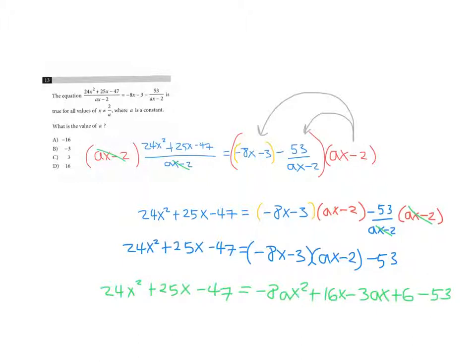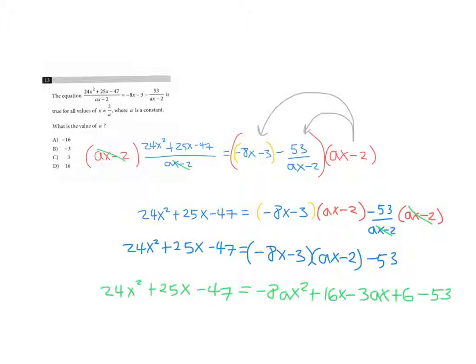And bottom line is, this 6 minus 53 is going to correspond with a negative 47. All right, so hopefully that is clear. And also, when I combine these two x terms, that's going to correspond with 25x.